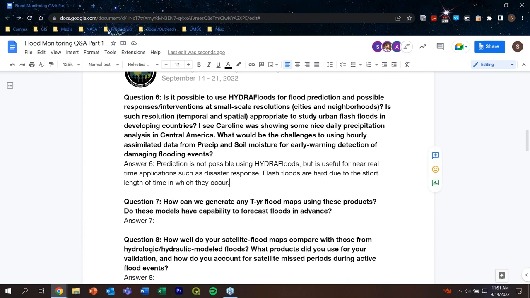People use even cloud resolving models with input from assimilated data every hour, and then you can have early warning based on that. Models like WRF are used like that. If you just want to use hourly precipitation and soil moisture for warning, you can do that too, depending on the resolution of the output model.